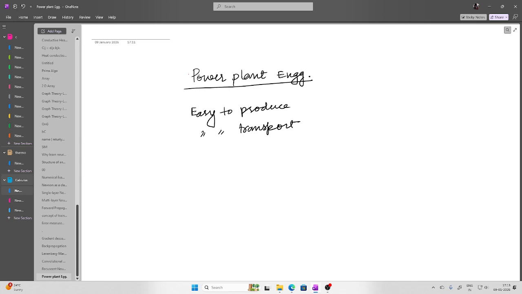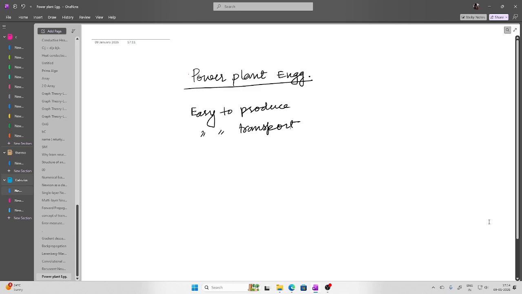Now the production of electricity in any country is basically representative of the living standard of that particular country. The higher the electricity consumption per capita, the higher the living standard of people in that country.